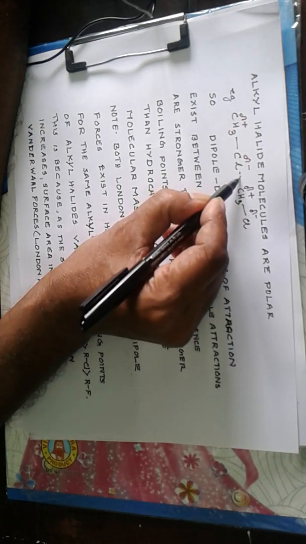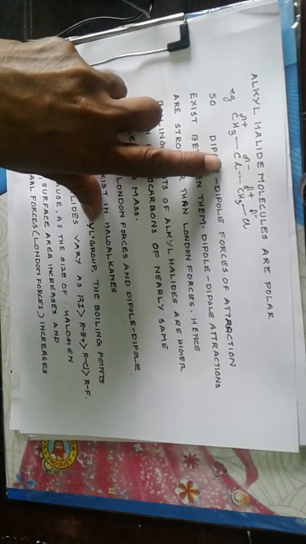So there is weak attraction between the Cl of one molecule and the CH3 of another molecule. Now that is the main force of attraction between alkyl halide molecules. And again, all molecules possess London dispersion forces in common. So these two forces of attraction are operating between alkyl halide molecules.